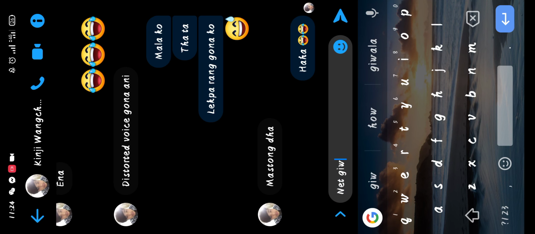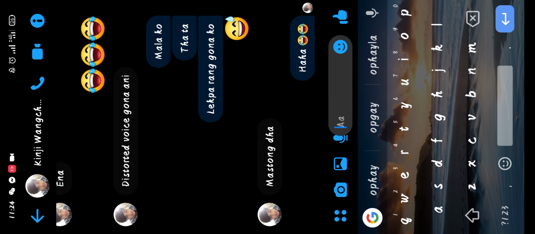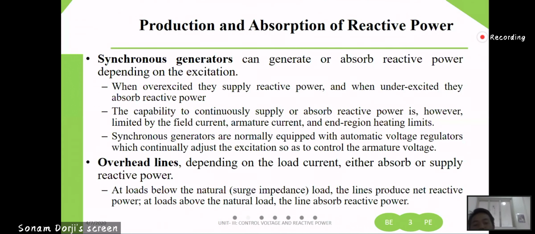Then the other one is overhead lines. In the transmission system there are overhead lines. These overhead lines will also absorb or supply reactive power, depending on the load current.